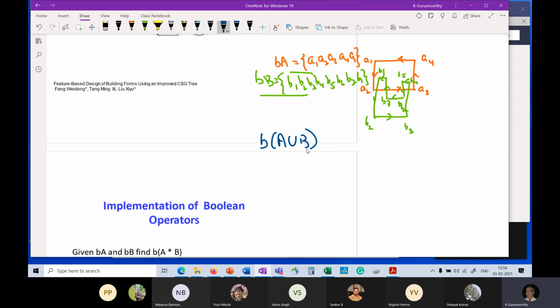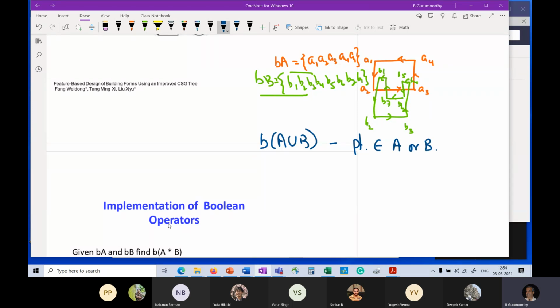What do I mean by A union B? By A union B, I mean the set of points which belong to A or B, by my set theoretic definition from Boolean algebra that we have studied. This is the boundary of the set of all points that belong to either A or B, right?